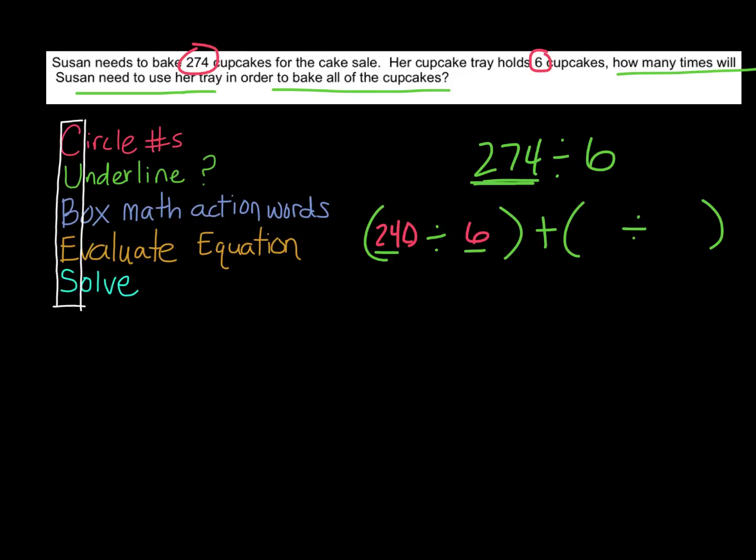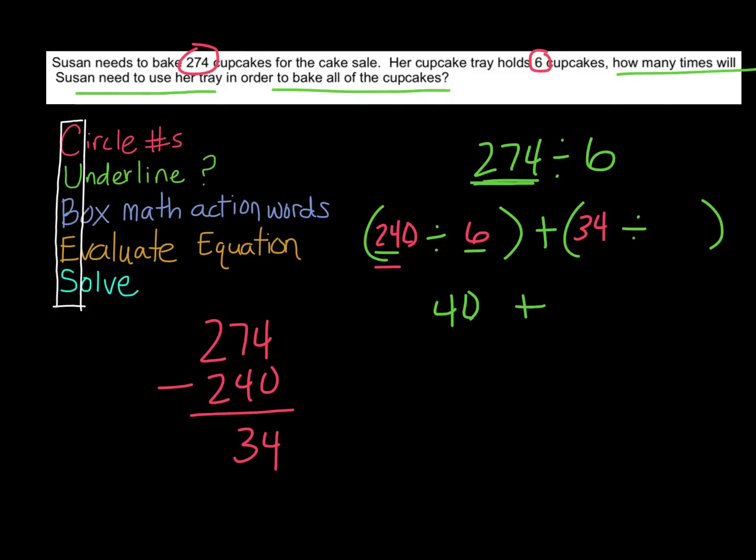So if 24 divided by 6 is 4, 240 divided by 6 is 40. Now, that leaves me with 34 on this side. And you say, where did you get that 34, Miss Stone? Well, I took 274. I took away 240 for here. And I got 34.